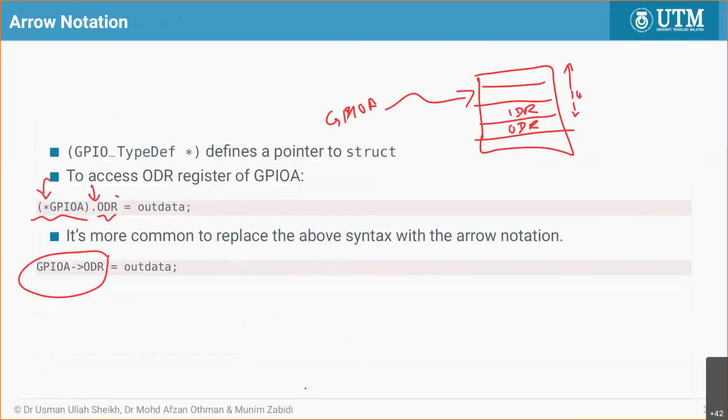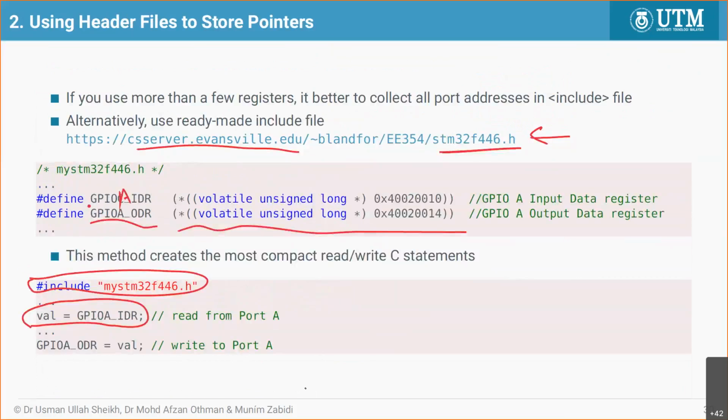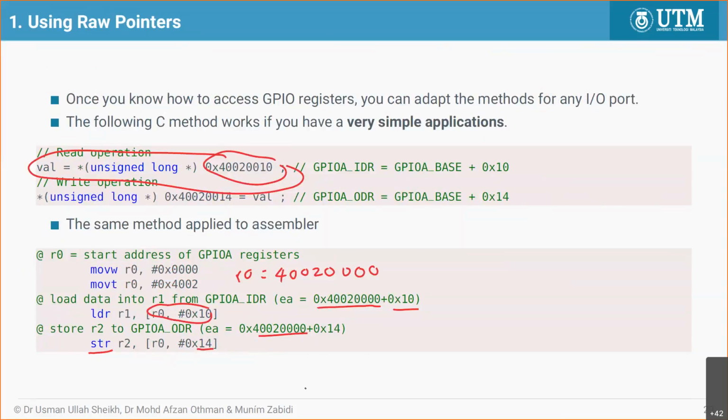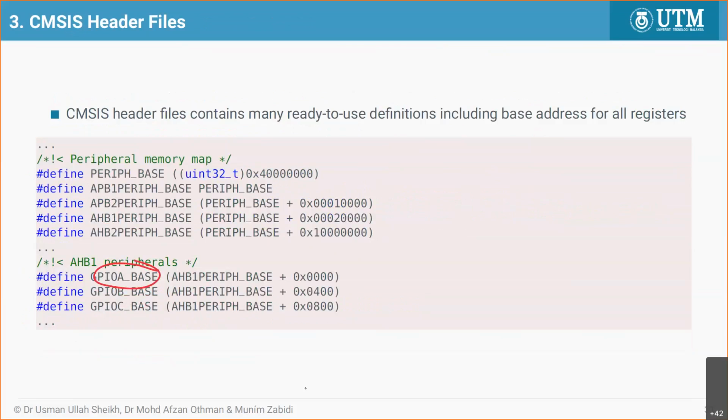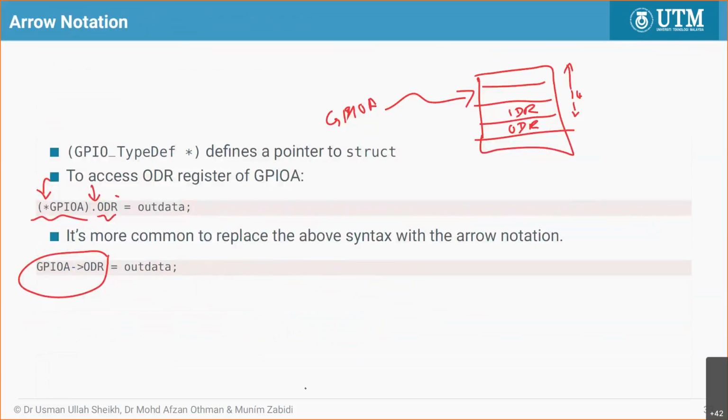Remember that we have 3 methods so far. This is the messy way, the cleaner way using a custom header file. Here we use CMSIS header file, but 2 ways. So let's say this is method 3A, method 3B. Method 3B is the one that you can show off, using the arrow.